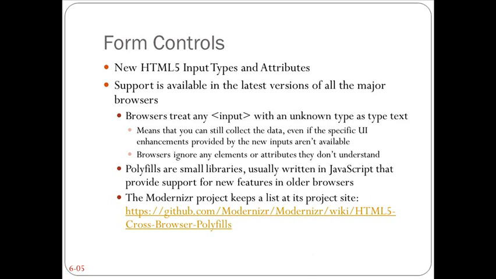And this website here, the Modernizr website or project, keeps track of all those. The book has a couple of them that it refers to, but you can go to this website, the Modernizr website. It's a good place to go to find some scripts that would help you over that.